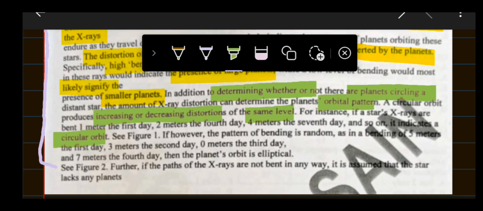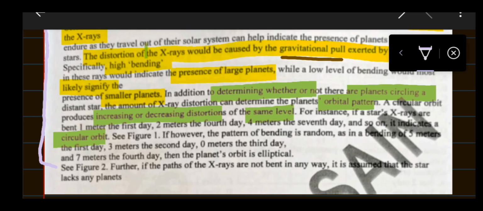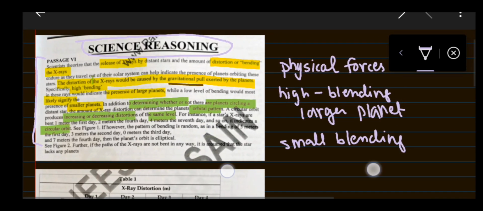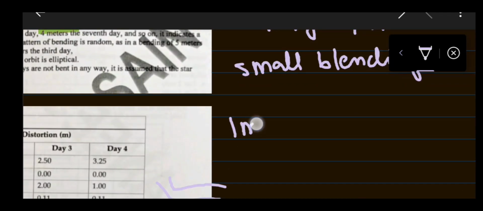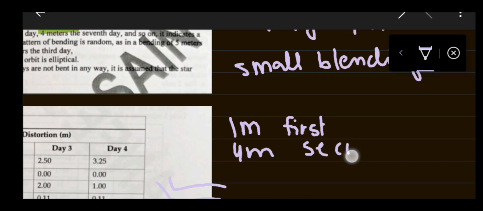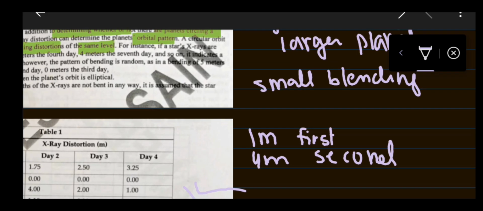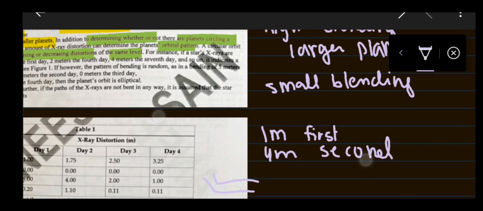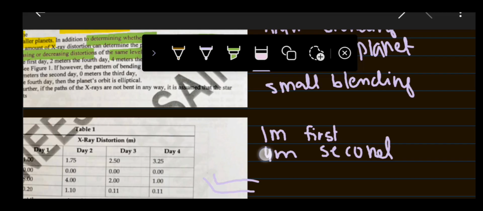So here you can see there is an increasing order, like the X-rays are bent 1 meter on the first day, then 2 meters on the second day and 4 meters on the third day.